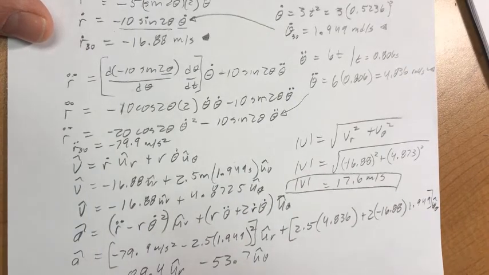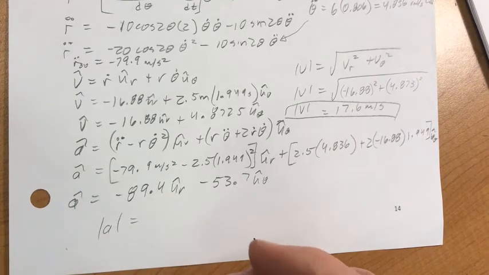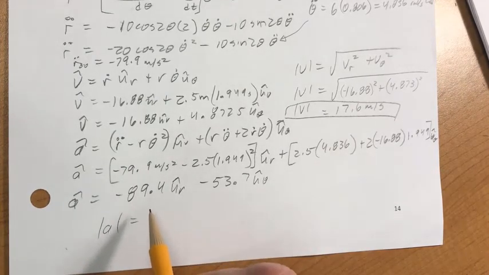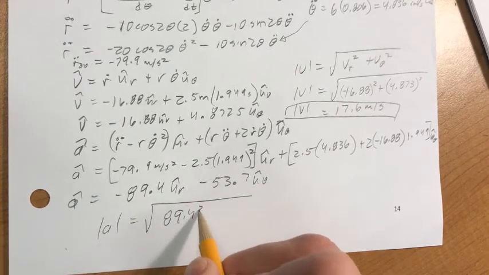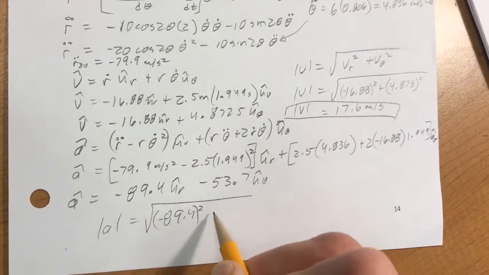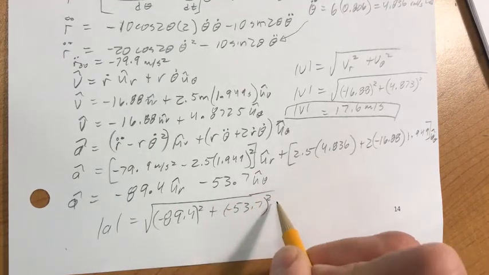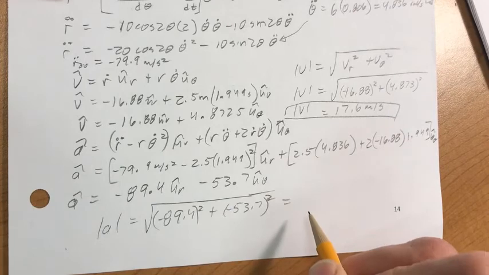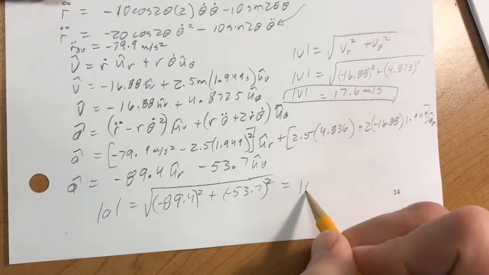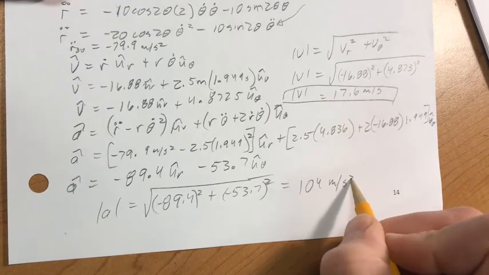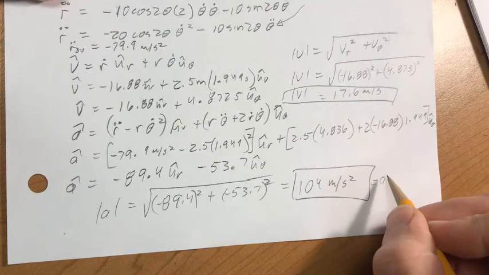And my magnitude here is going to be the square root of 89.4 squared plus negative 53.7 squared, which if I did all my numbers right, is going to come out to 104 meters per second squared. Okay, that equals a.